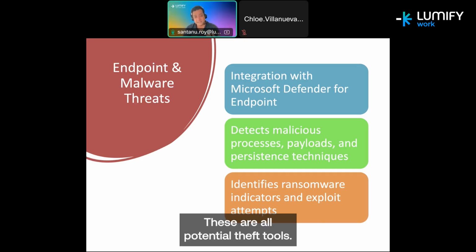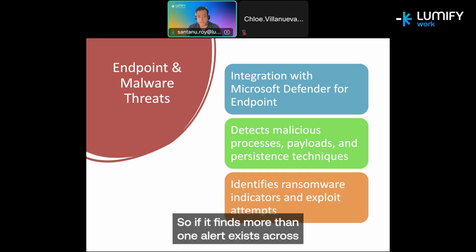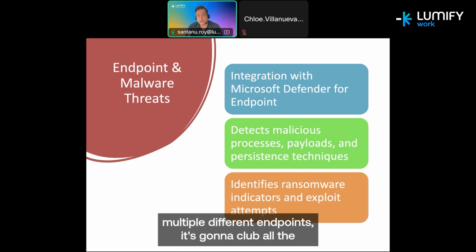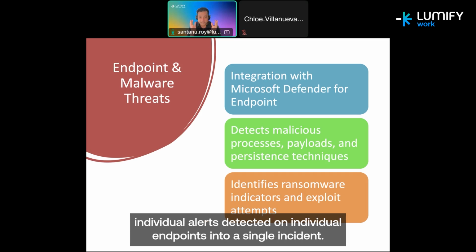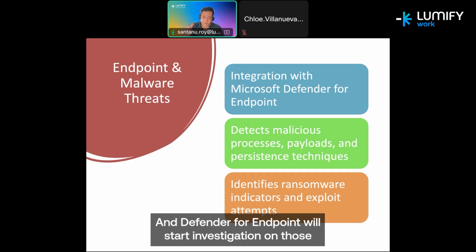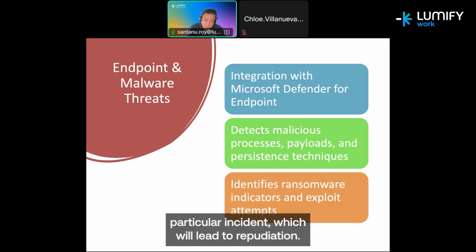These are all credential theft tools. So if it finds more than one alert across multiple different endpoints, it's going to club all the individual alerts detected on individual endpoints into a single incident. Defender for Endpoint will start investigation on that particular incident, which will lead to remediation.